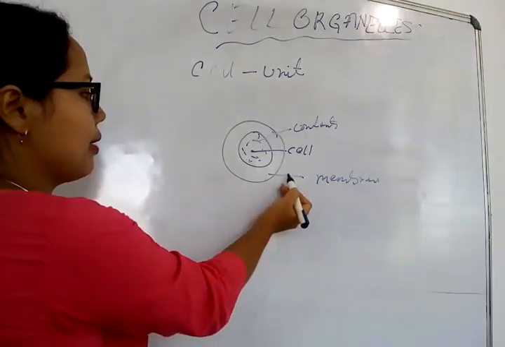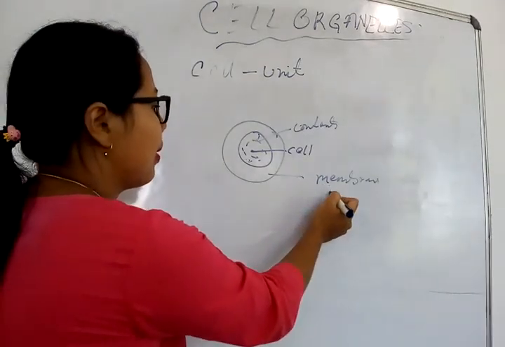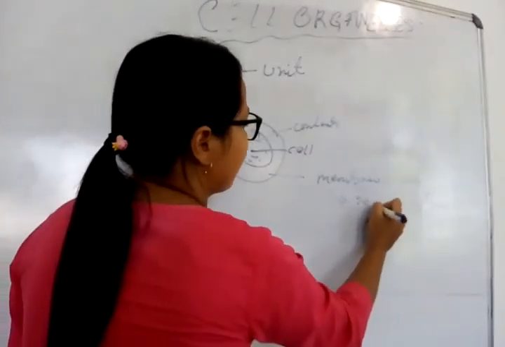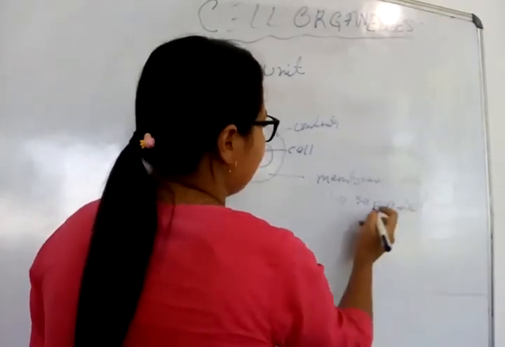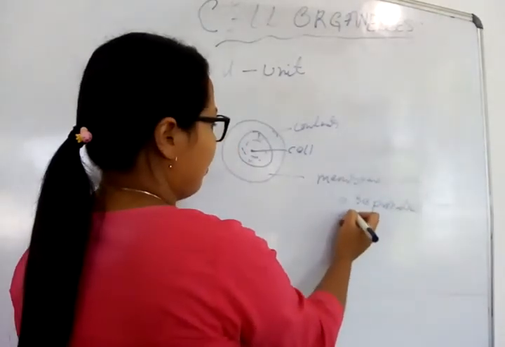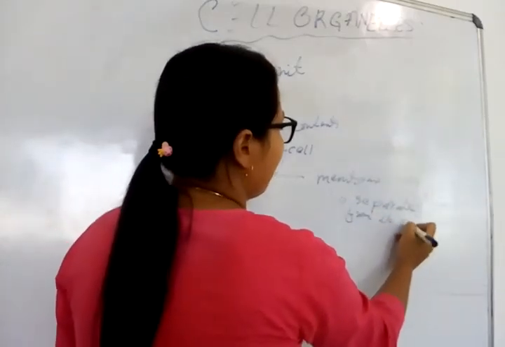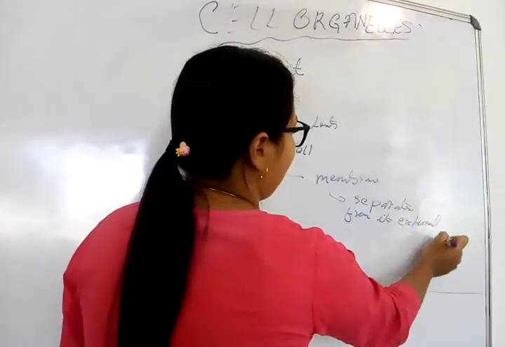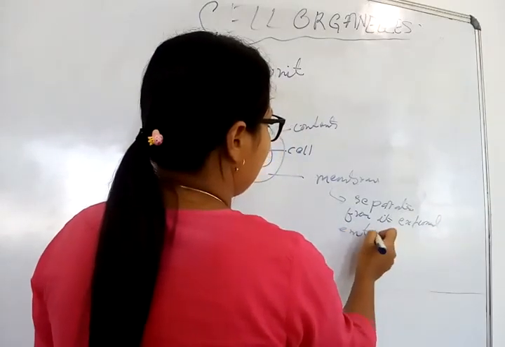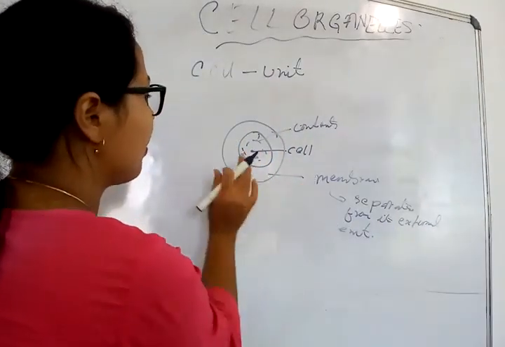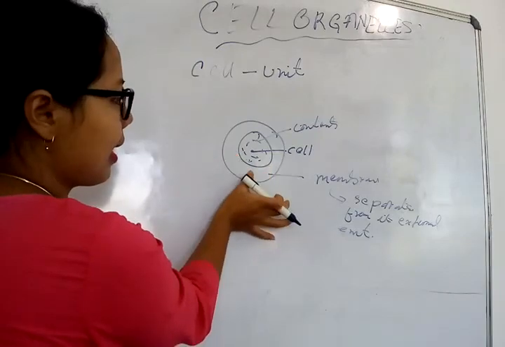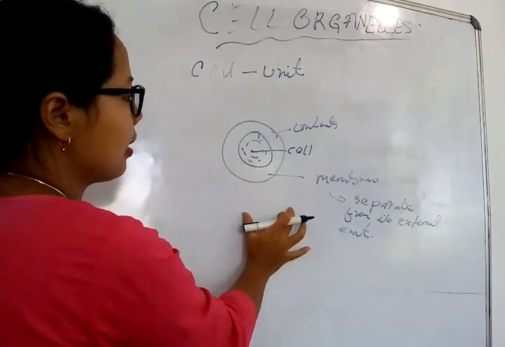So why is the membrane important here? This membrane separates the cell from its external environment. Okay?